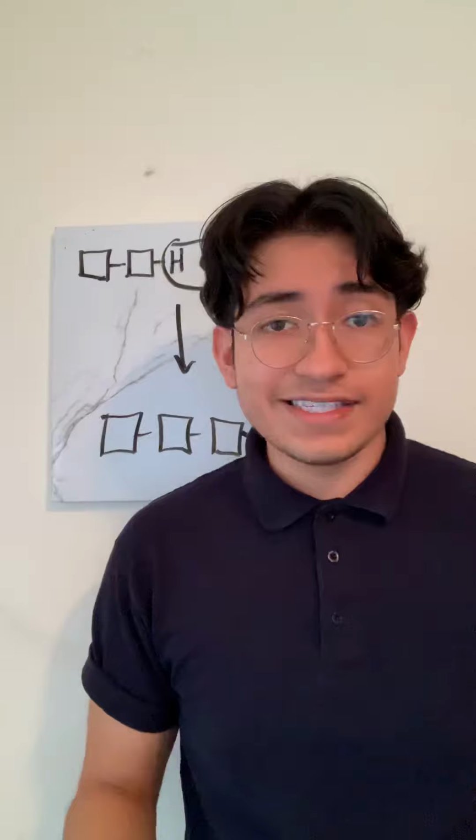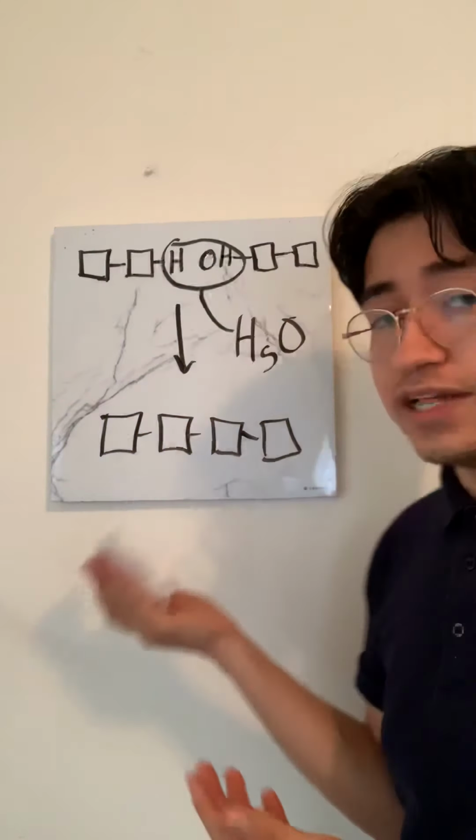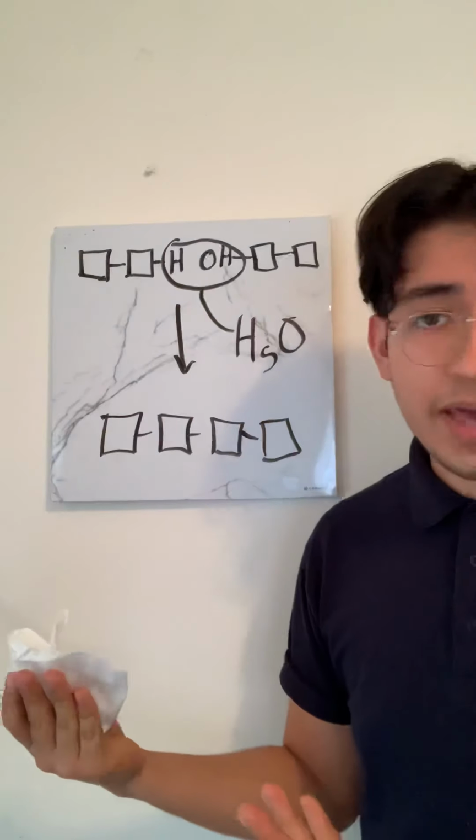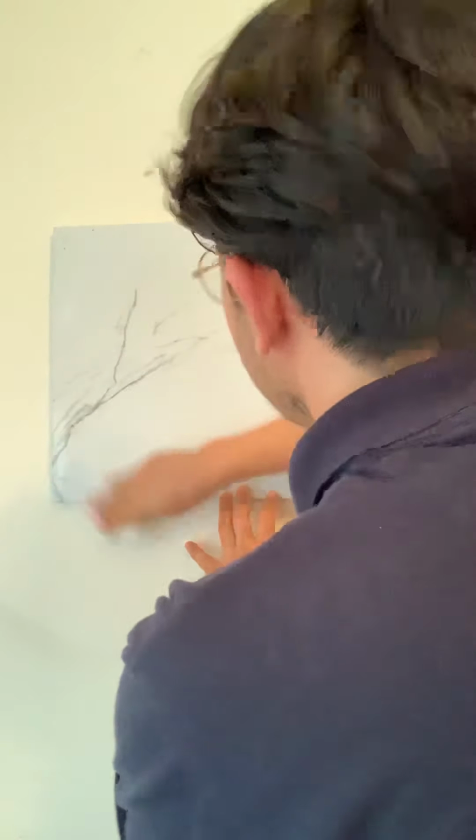The other process, hydrolysis, is actually very similar to this. It's actually the exact same thing, just backwards. With hydrolysis, we have to start with a polymer, so a long chain already.